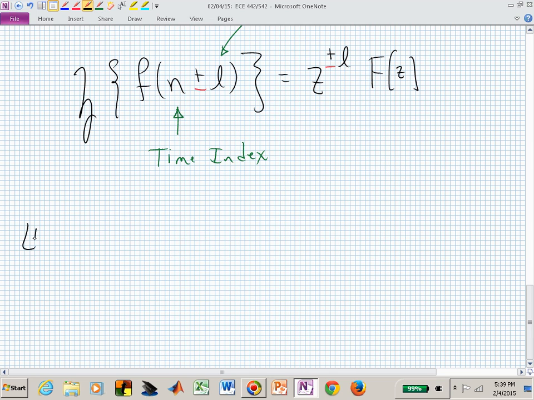Another property, I'm just running through these properties because I want to get to the frequency response, but the other property, property 4, is scaling in the z-plane.